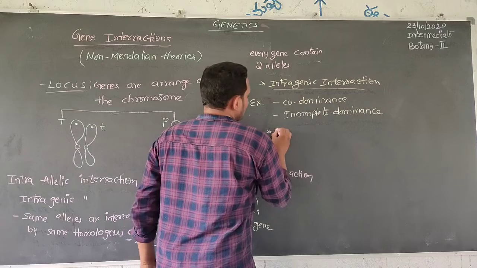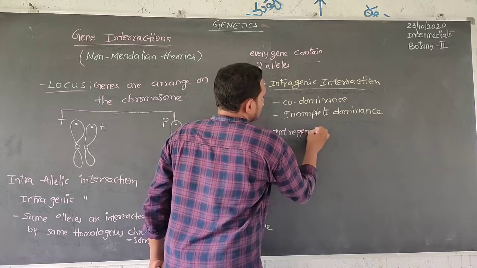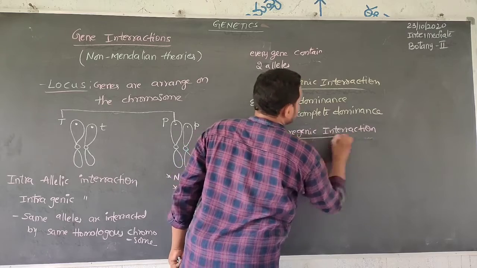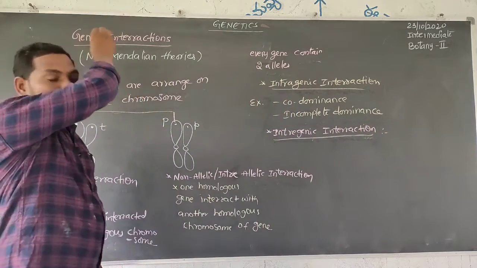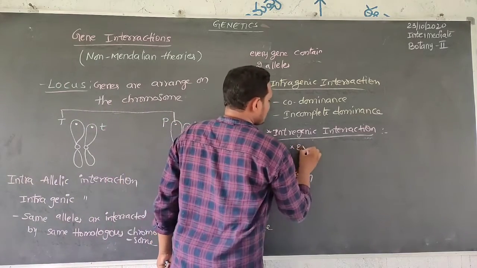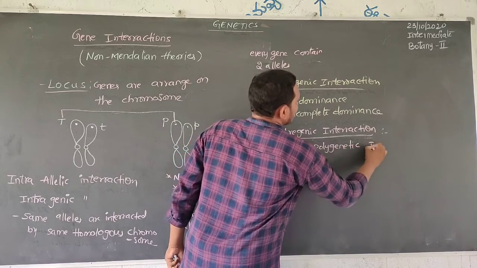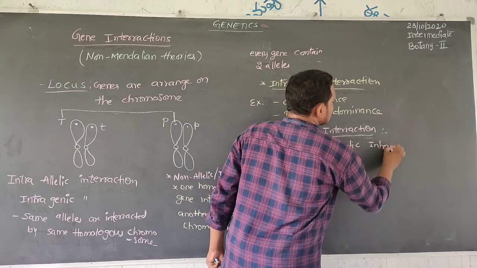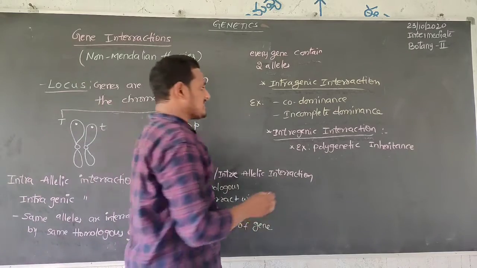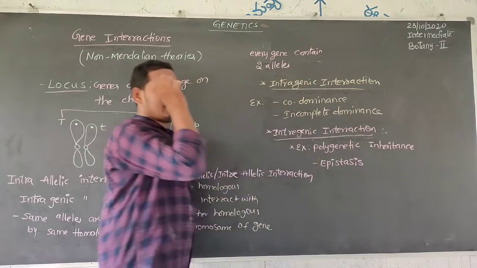And intergenic interaction. Examples for intergenic interaction are two: polygenic inheritance, and the next thing is epistasis, with dominant and recessive.